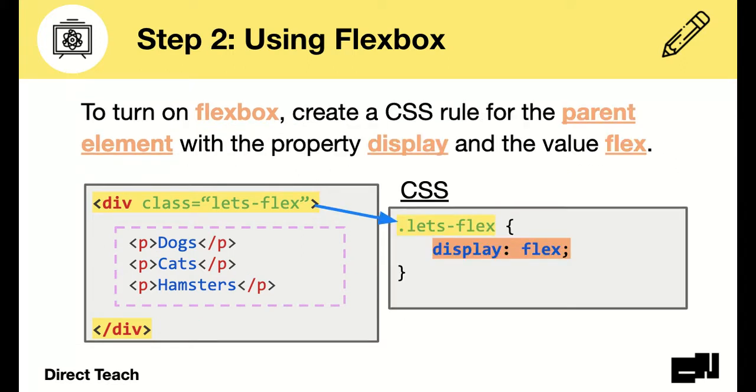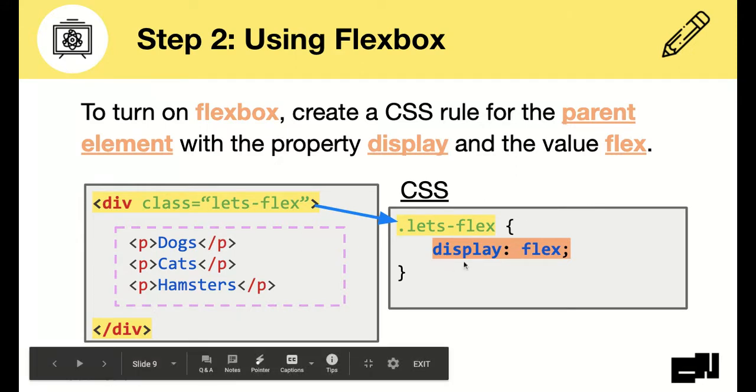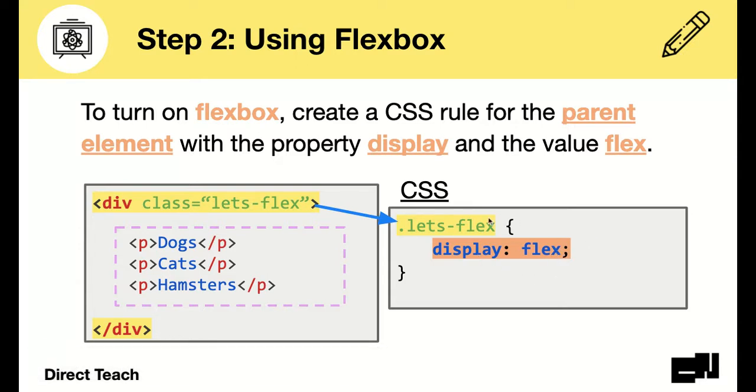Step two, we want to turn on Flexbox in our CSS using the CSS rule on the parent element. So if you remember, we said that the second step, you had to say display flex, and we're doing that using the selector of the parent. And the parent element is right here, Let's Flex.